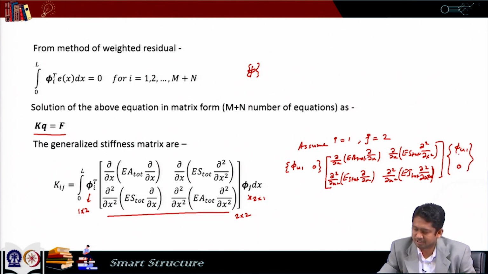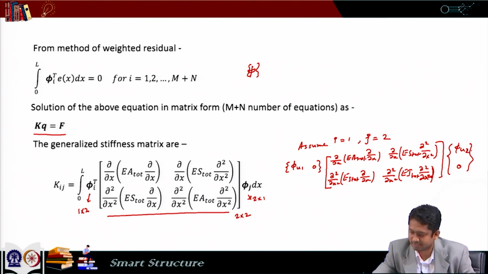So, when I multiply this row with this column, I have del by del x of E A total del phi 1 del x plus 0, and here I have del 2 by del x 2 of E S total del phi 1 del x as 0.